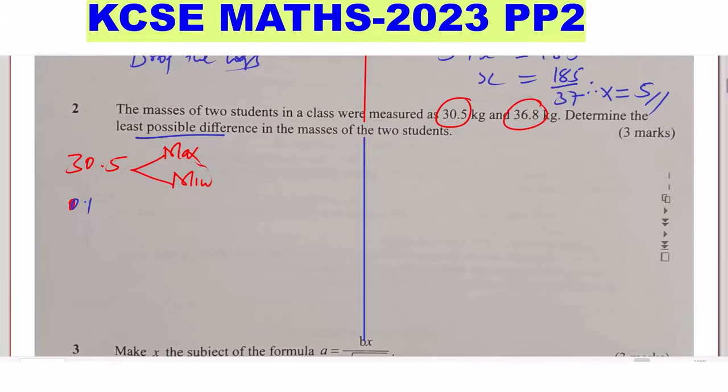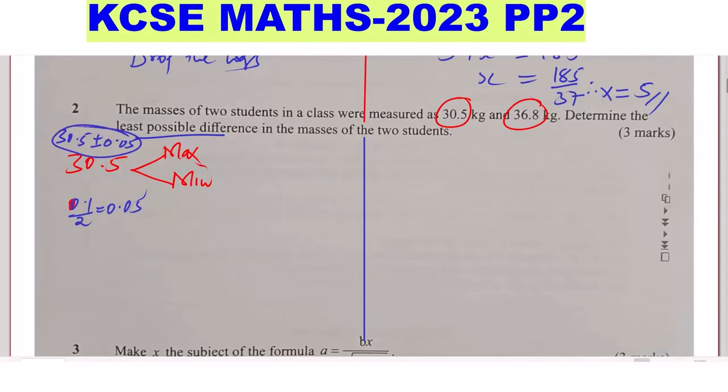So we want to get the absolute error in these. We just take the smallest unit of measurement, we divide by 2, we get this one as 0.05. So if you want to get the limits under which 30.5 lies, we shall take 30.5 plus or minus 0.05.